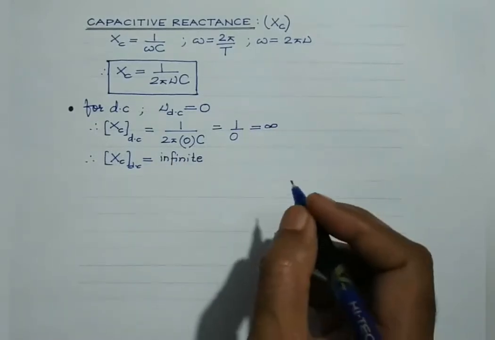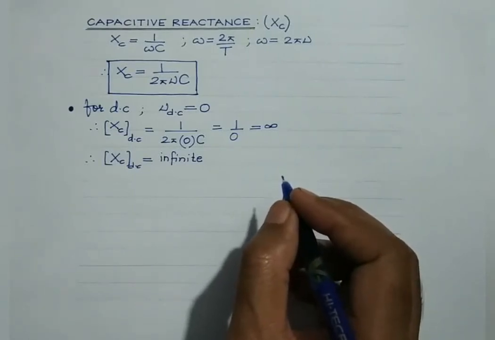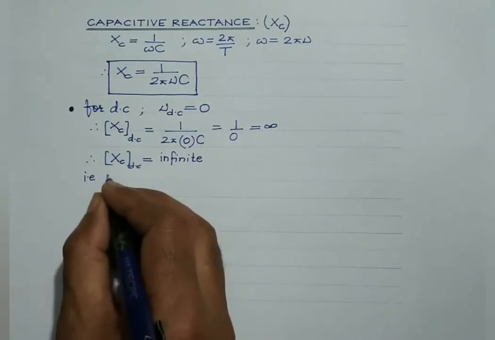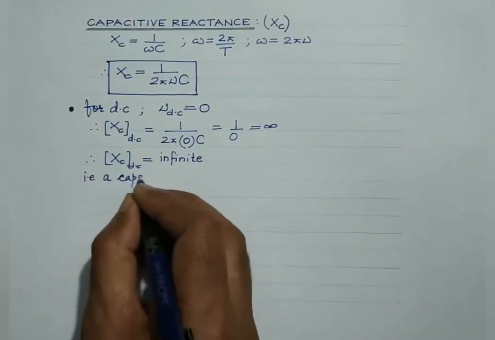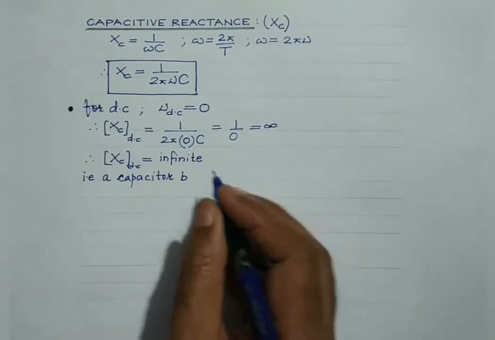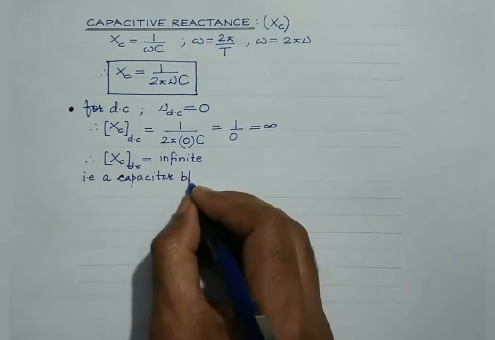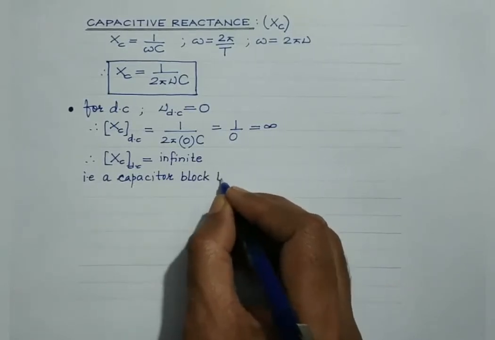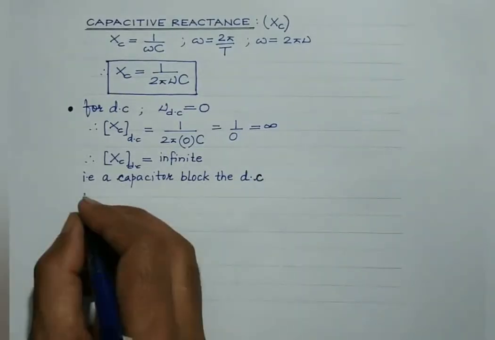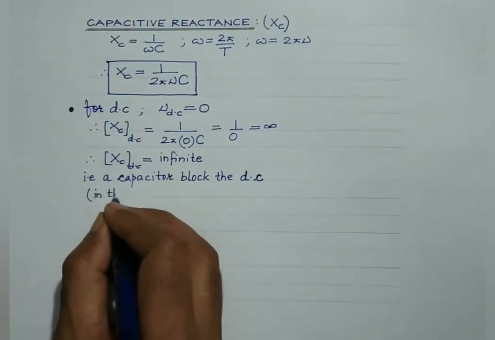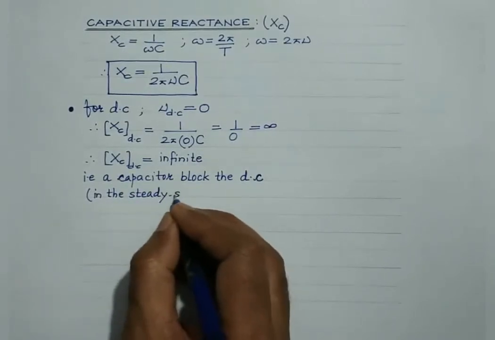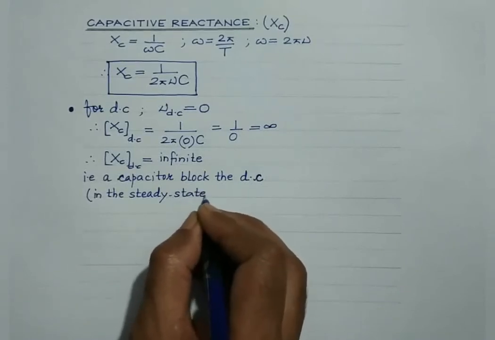What it means is that a capacitor serves as a block for DC. That is, a capacitor, when connected in a DC circuit, tends to block the DC in the steady state condition, that is when the capacitor is fully charged.